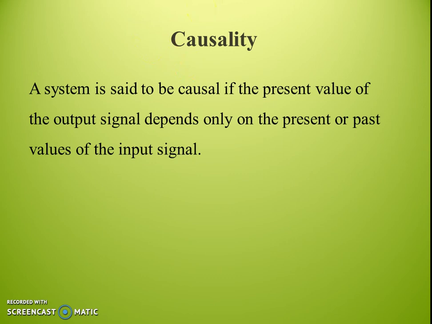So one thing is clear, that an output can depend on present as well as past also. So in causality it is possible to have some memory also. So it also indicates systems with memory too.